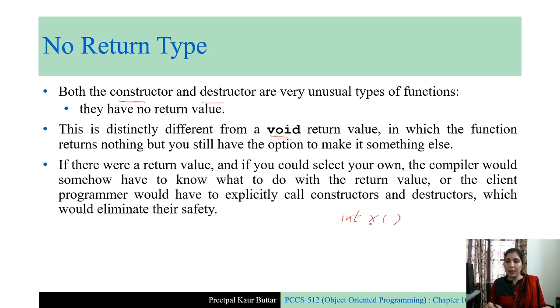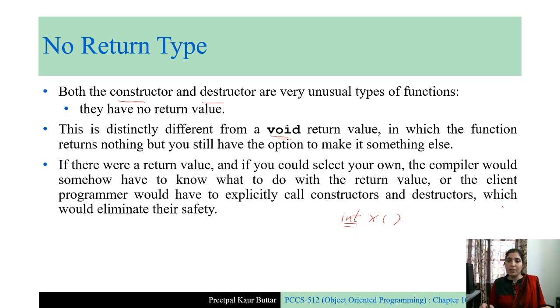Because it is called automatically, we do not tell anything about x to the compiler. But if you write some return type, then you have to tell what to do with the return value. Or the client programmer has to explicitly call constructors and destructors. If we cannot tell the compiler what to do with this return value, then the programmer who is writing the program has to explicitly call the constructors and destructors. Why? Because only the programmer can know what to do with the return value.